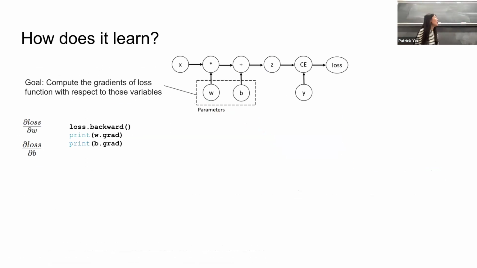So how exactly does loss help us to update the network?